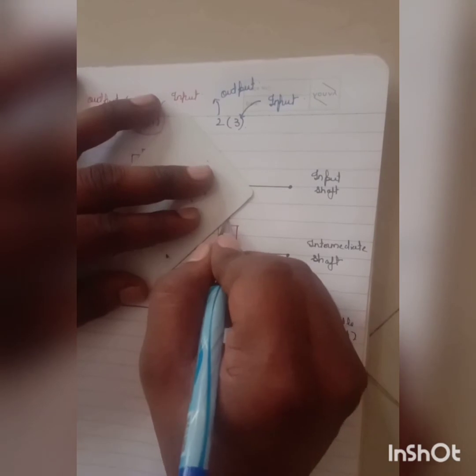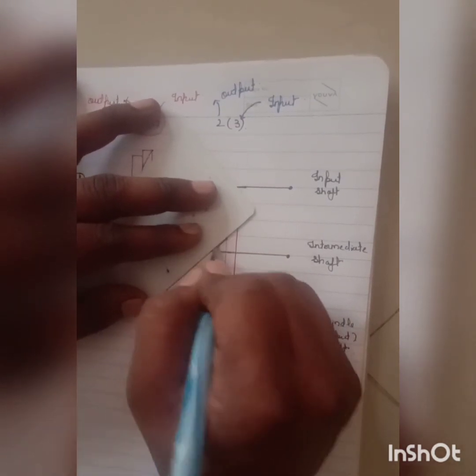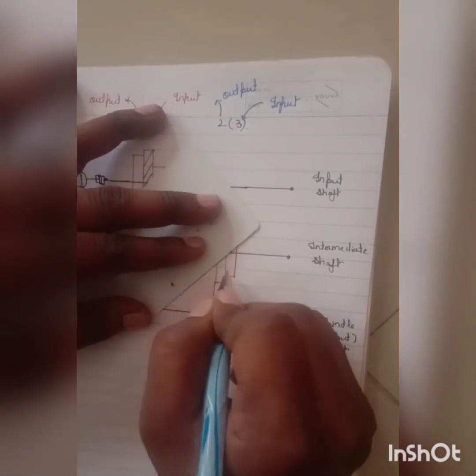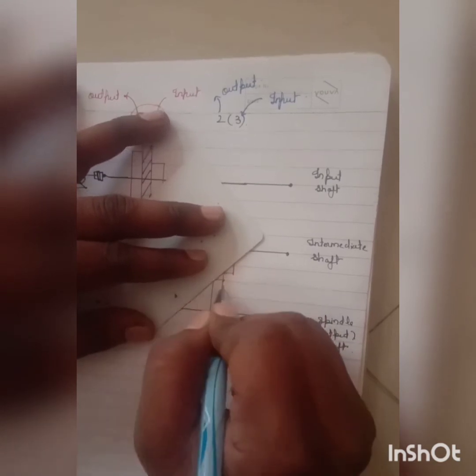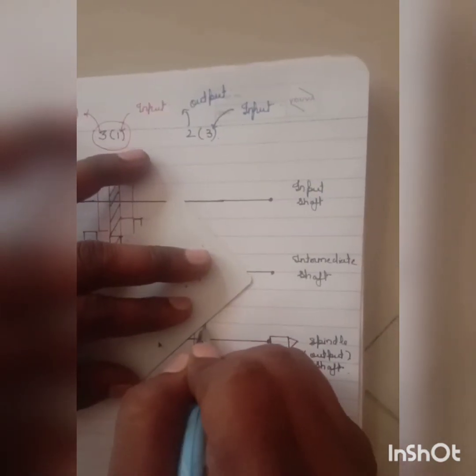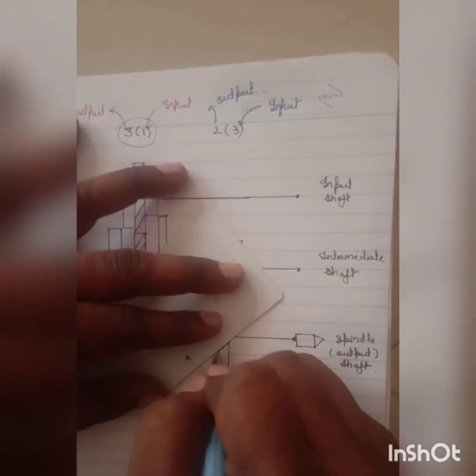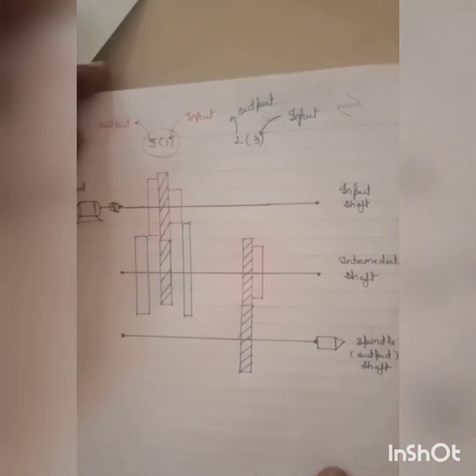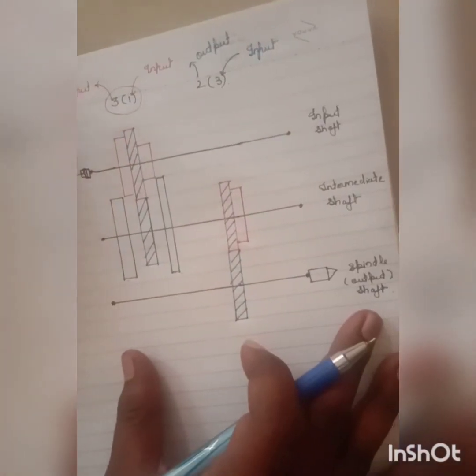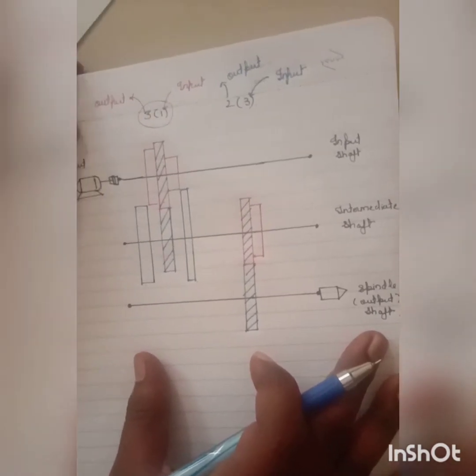This becomes your meshed gear. This is the kinematic arrangement for a 6-speed gearbox.